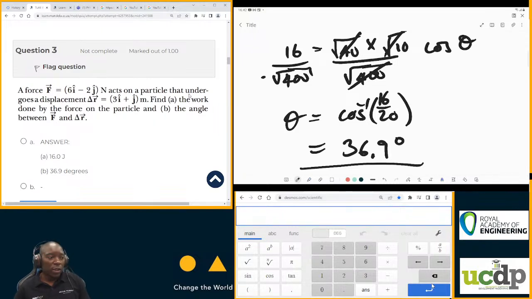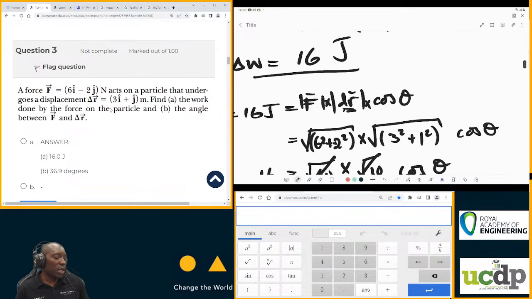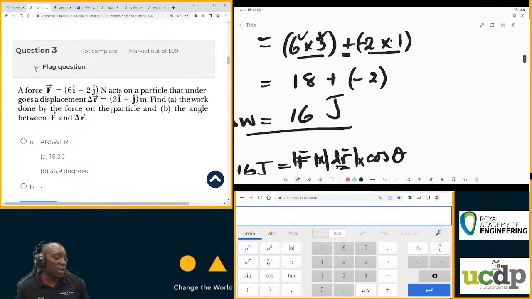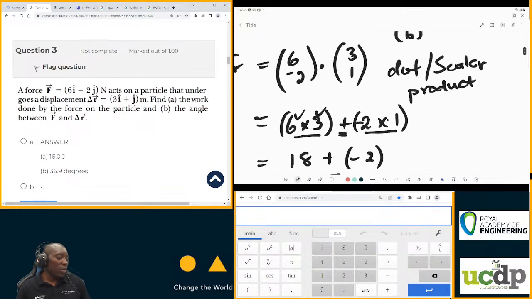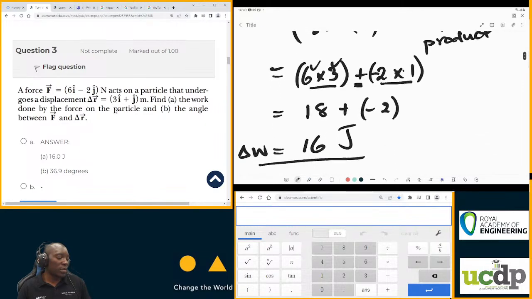Okay. So take note, for this problem, you should be able to do that dot product, and know that from the dot product, you have that relationship that gives you the angle between the vectors. So for your dot product, just multiply the x components added to the product of the y components. That will give you the magnitude of the product.